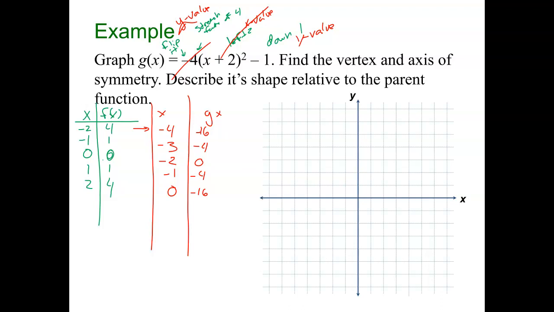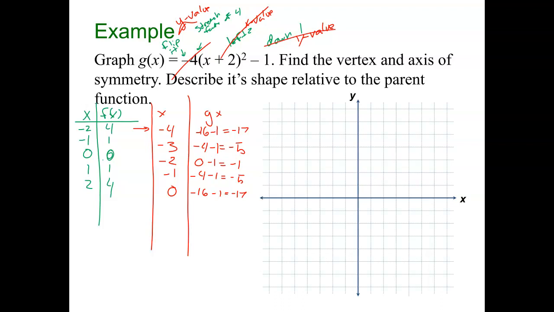So now the last thing is I need to subtract. Is that going to change the x values or the y values? The y values. But it's going to be these y values after I did the stretch and the flip. So subtracting 1 from each, -16 becomes -17, -4 becomes -5, 0 becomes -1, and that covers the down.